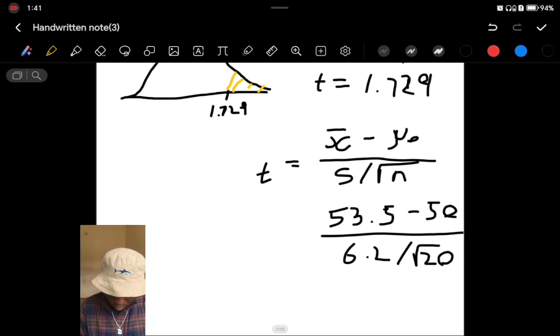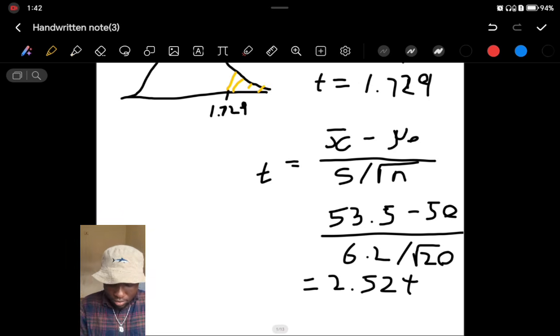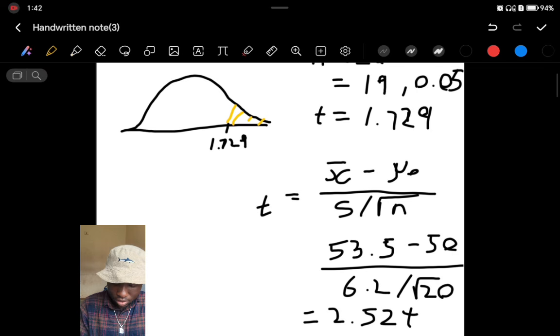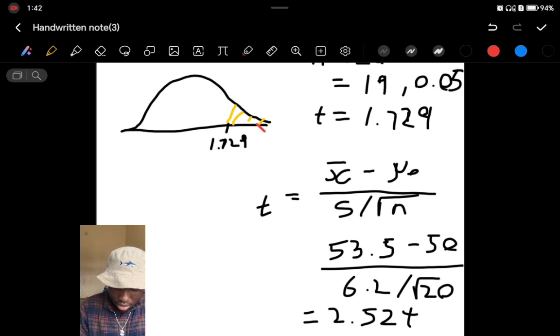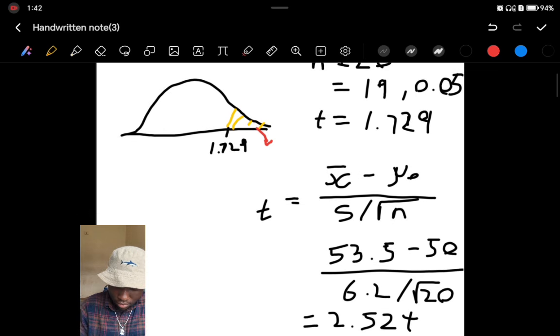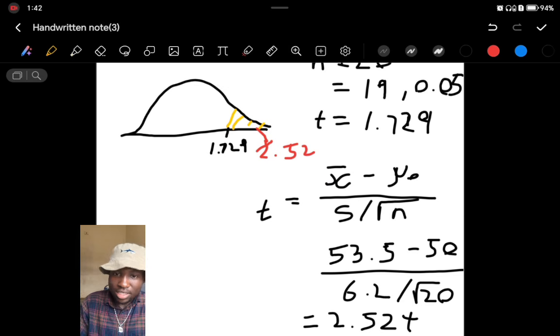We get 2.524. Here we were given a critical value of 1.729, so our 2.52 is somewhere here, in the rejection region. So we found 2.52, which is in the rejection region.